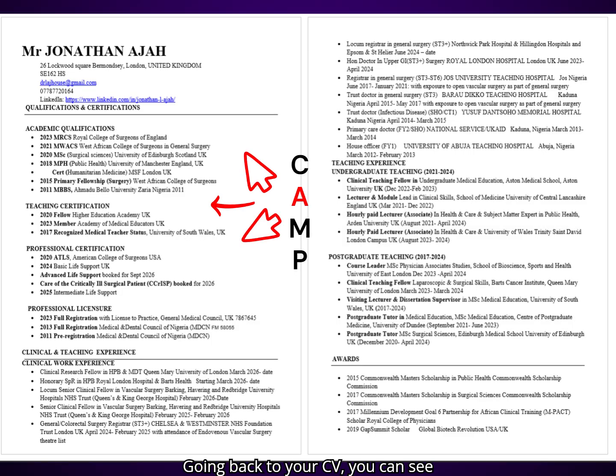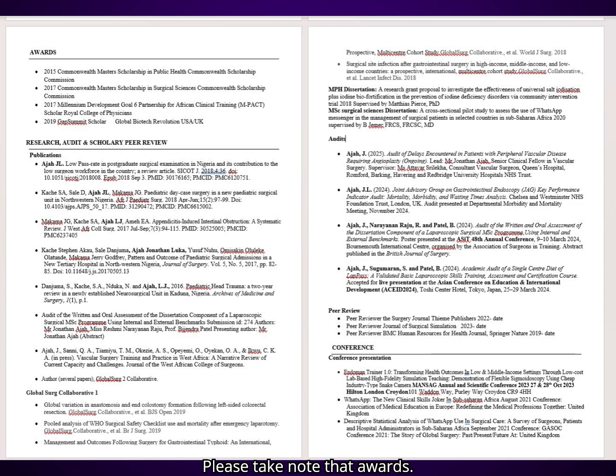Going back to your CV, you can see that to demonstrate the academic suitability to the job, you have to look at your academic qualification, your professional qualification, as well as your licensure and other qualifications to demonstrate your academic suitability to the job. Please take note that awards, research, and audit are also part of the academic section or the A part of the interview.